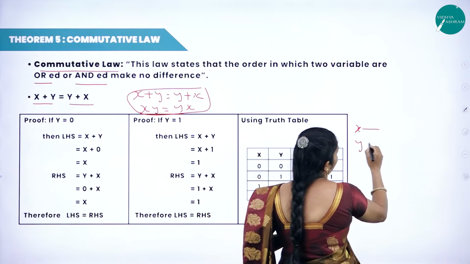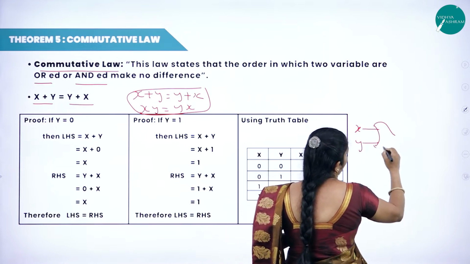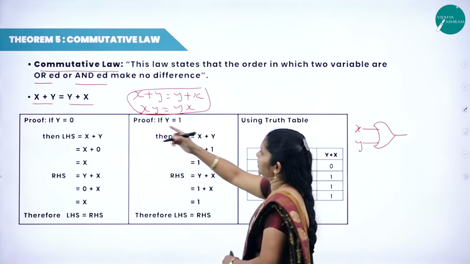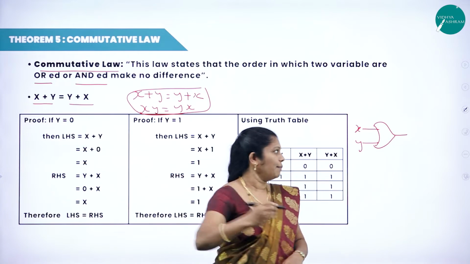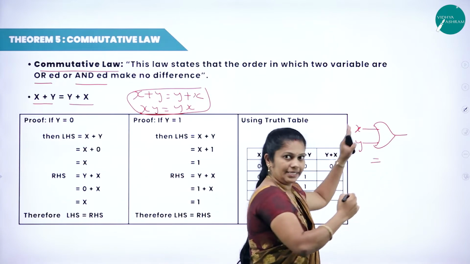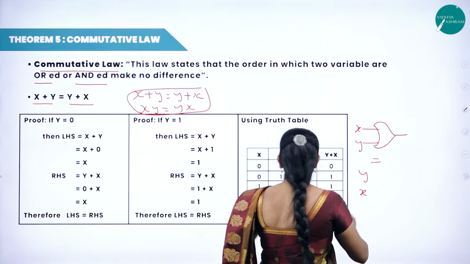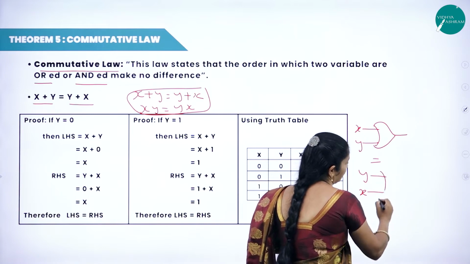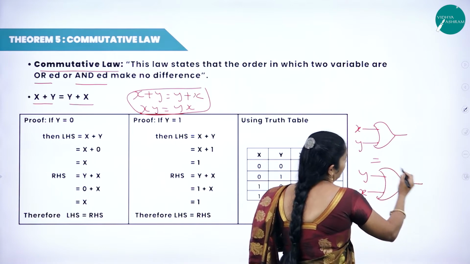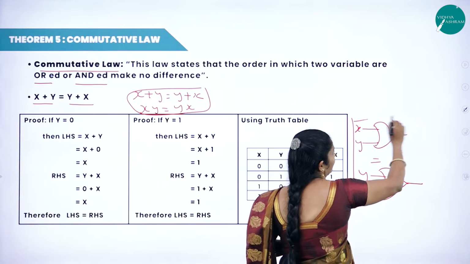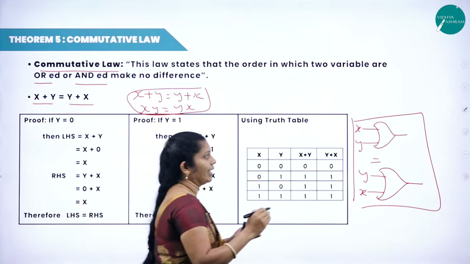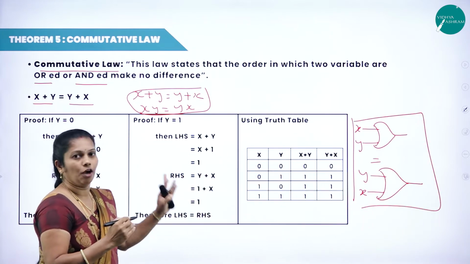Plus operator is nothing but here we write a reverse C shape. Then, this circuit symbol for x plus y is the same as y plus x. I take y, then plus operator, reverse C shape, then connect these two. These two are the same. If I write x plus y or y plus x, both are the same.